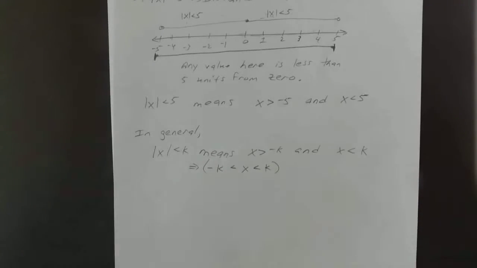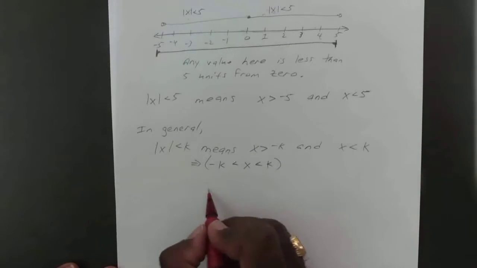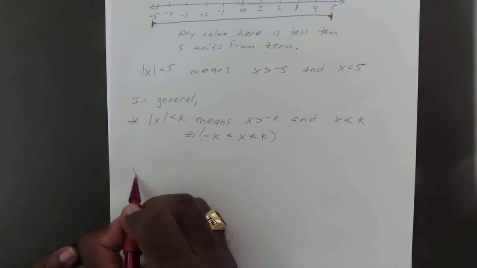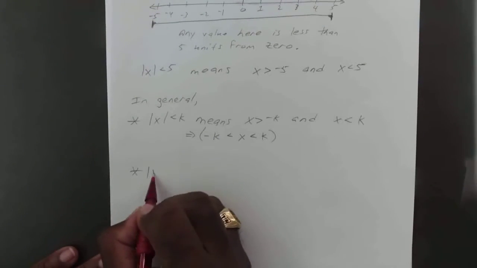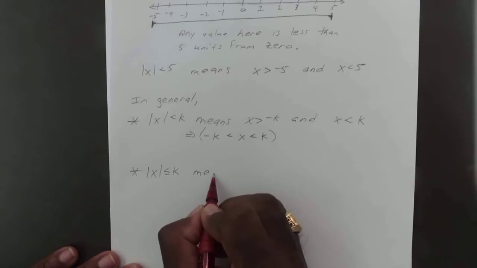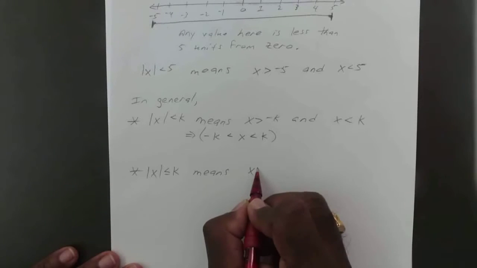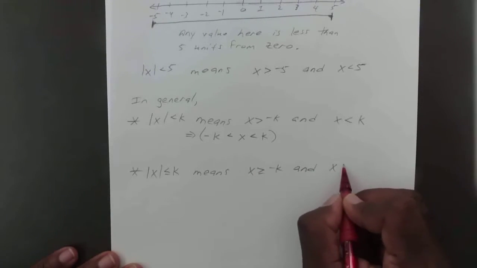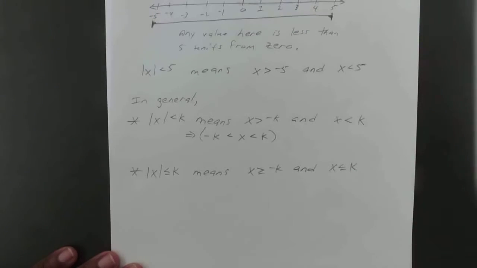Okay. Same thing for less than or equal to. So we'll put that there. So absolute value of x is less than or equal to k means that x is greater than or equal to -k and x is less than or equal to k.